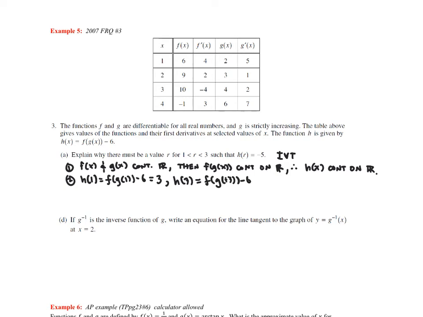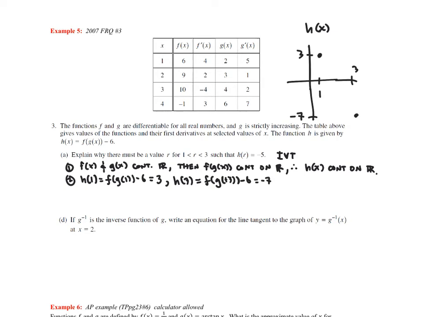f of g of 3, not negative 3. g of 3 is 4. f of 4 is negative 1, and negative 1 minus 6 is negative 7. That's great. So just a general sketch of h of x. I don't know exactly what it's going to look like, but I know that h of 1 is 3, and I know that h of 3 is equal to, not to scale clearly, negative 7.